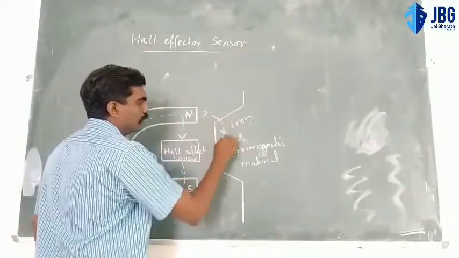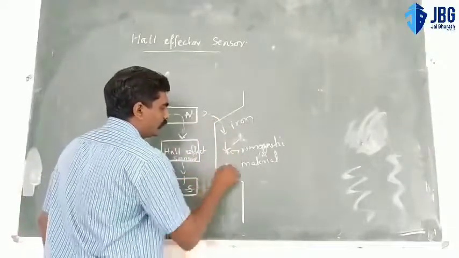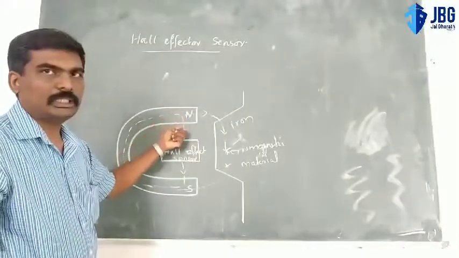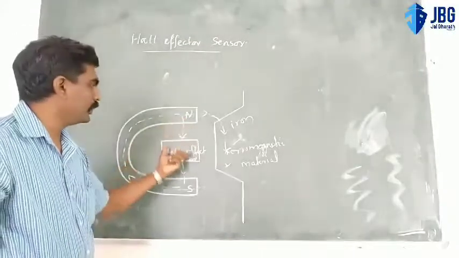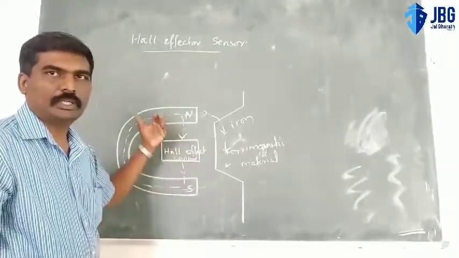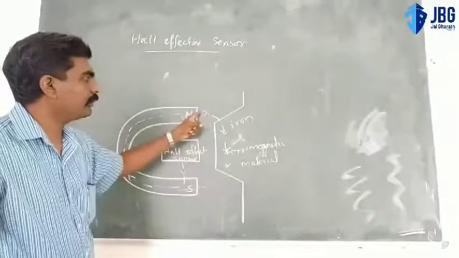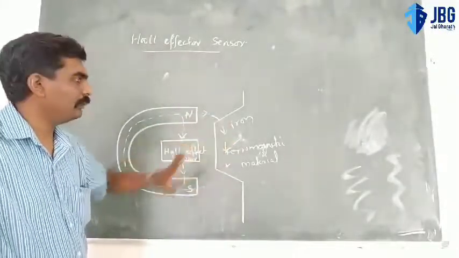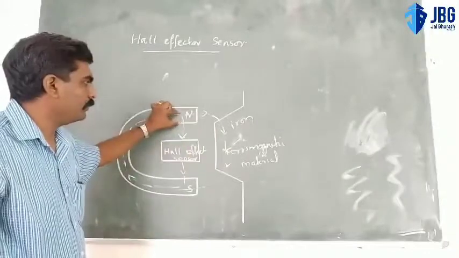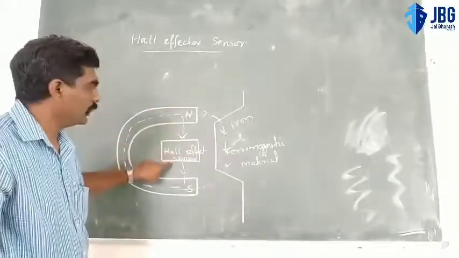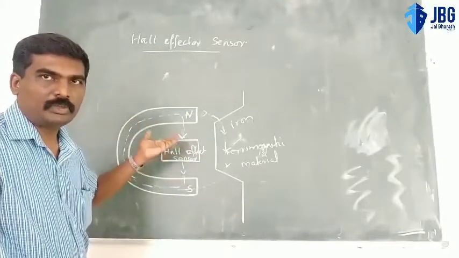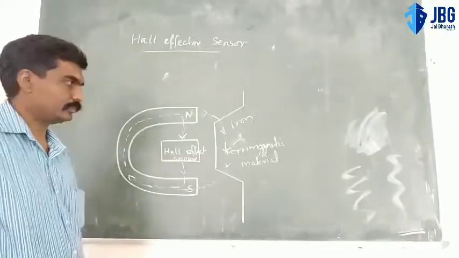What happens? The magnetic force applied to the Hall effect sensor will reduce, because some part of the flux lines will flow through the ferromagnetic material or iron body. That's why the applied magnetic force to the Hall effect sensor will reduce, and the Hall voltage reduces also.